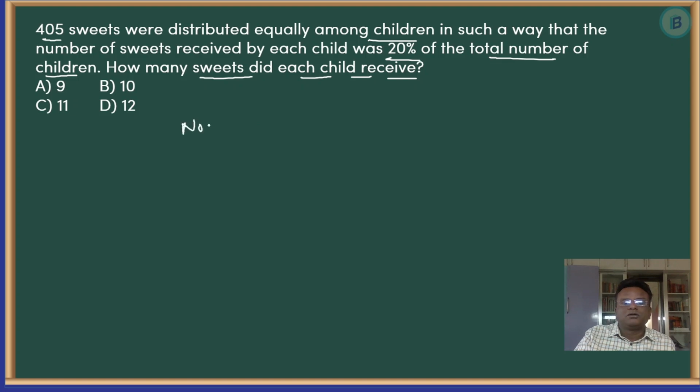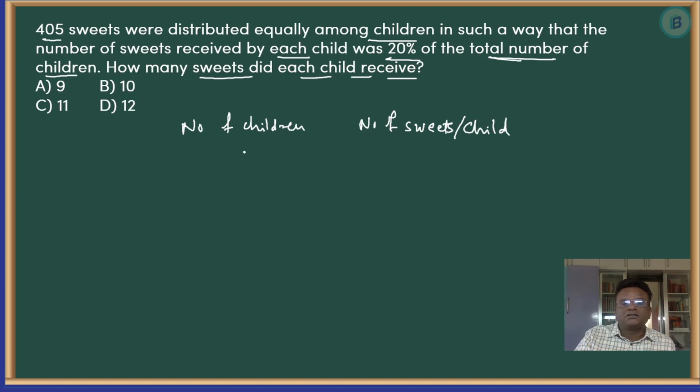So we know there are number of children and number of sweets per child. What we have been told is that each child received 20% of number of children. Each child received in such a way that the number of sweets received by each child was 20% of total number of children.